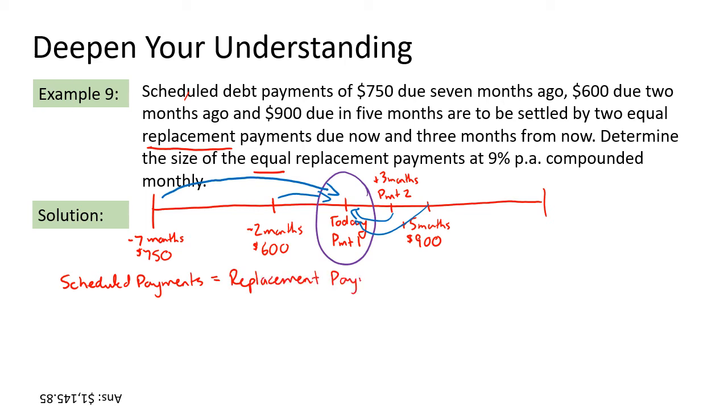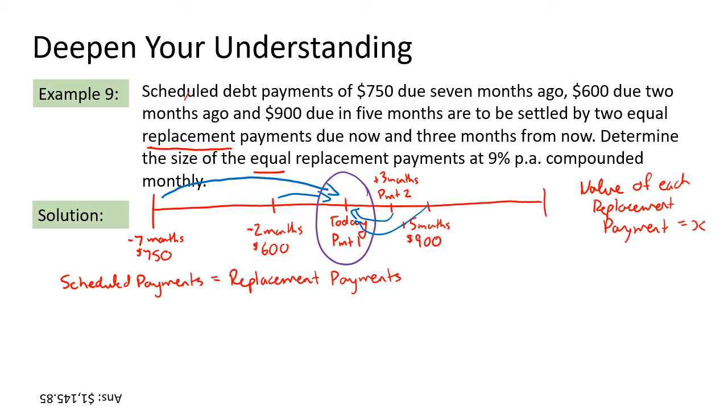Okay? So our payment value, the amount of the equal payments, I'm going to call that X. So the value of the replacement payments, each one, remember there's two, we're going to call that X.